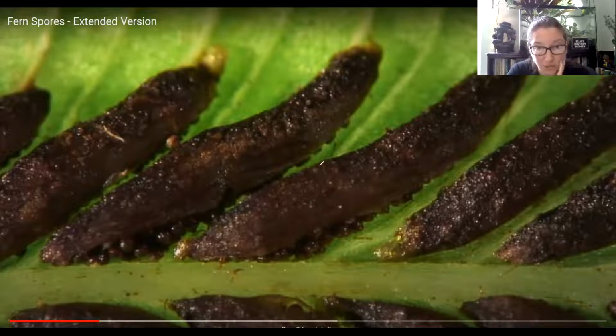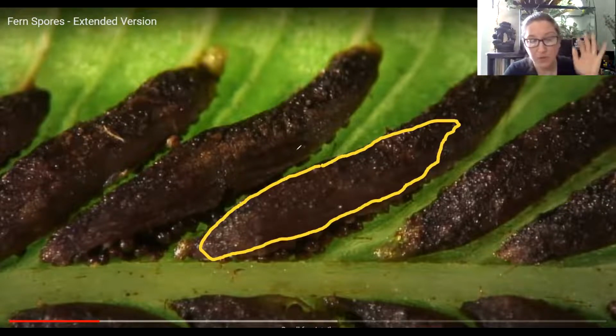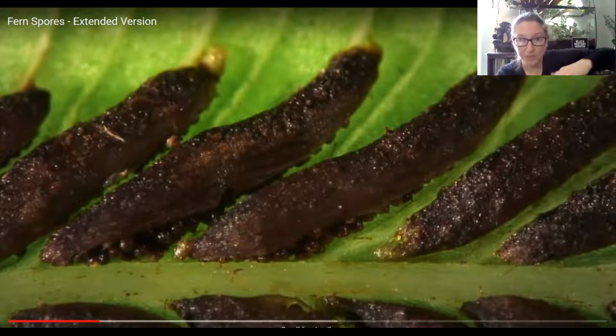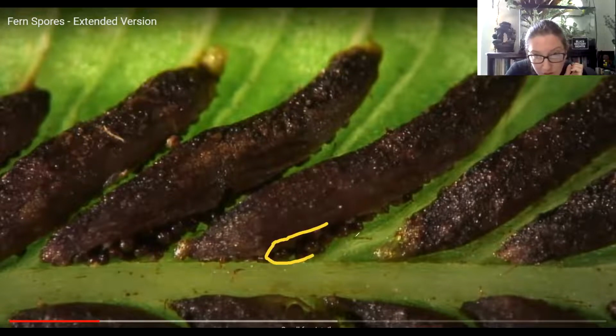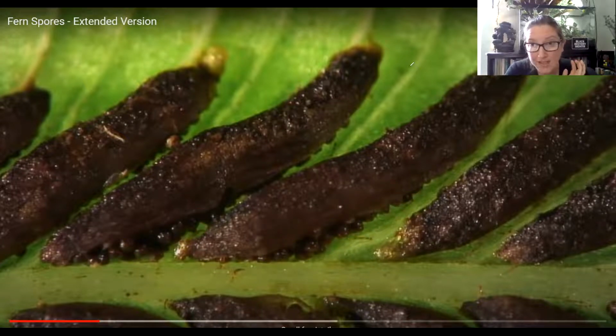Underneath this one has an indusium that looks like almost like a big slug. So each sorus is covered by this slug-like looking indusium. And underneath here, you'll start to see the sporangia poke out as the indusium starts to open up to let them poke out.